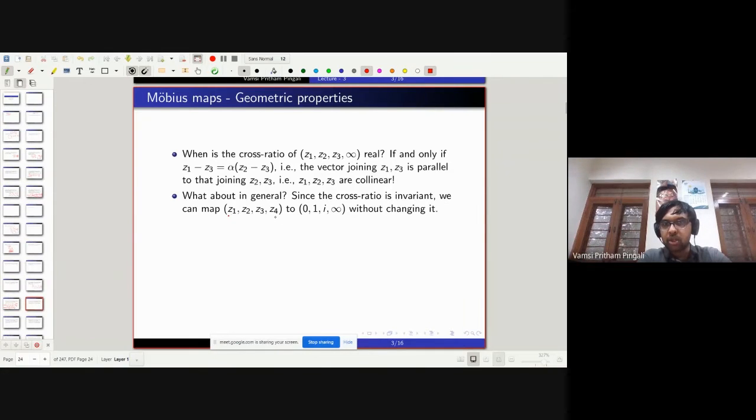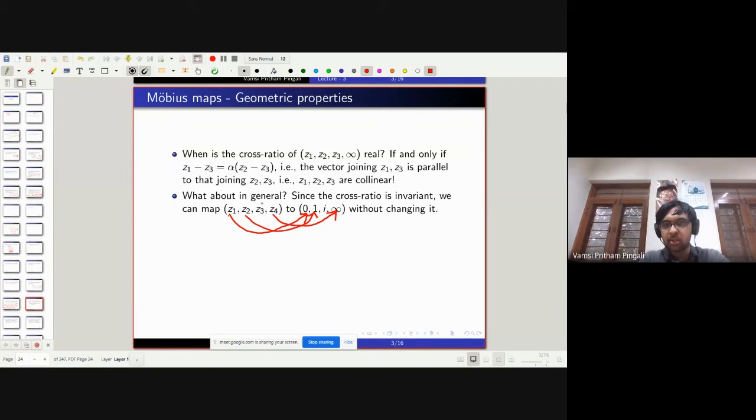You can make sure that Z4 goes to infinity, Z1 goes to 0, and Z2 goes to 1. This can be accomplished by means of a single Mobius transformation. And that Mobius transformation is unique.